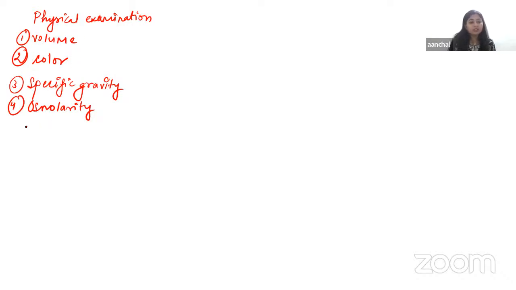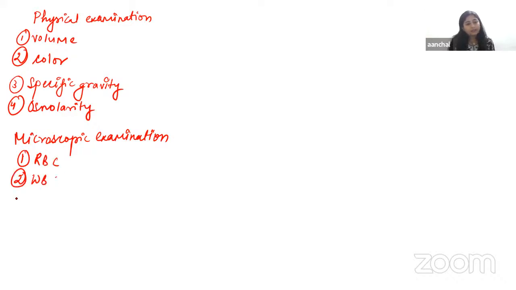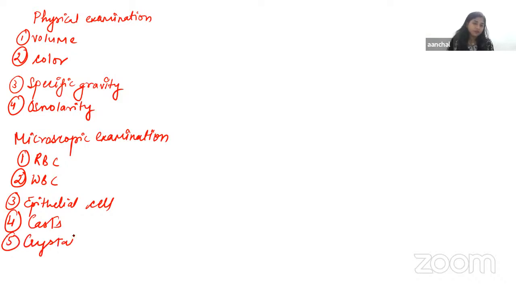After the physical examination, we do the microscopic examination. In microscopic examination, we look for the presence of RBC, WBC, epithelial cells, or we look for the presence of casts or crystals.